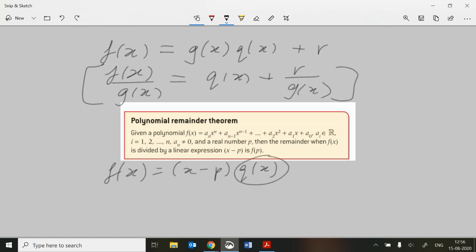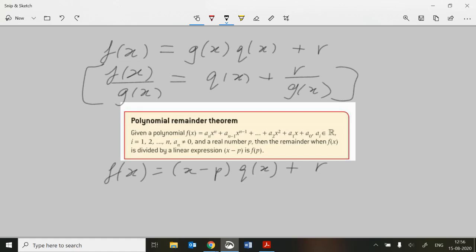Because, say for example, this is a quartic, then this must be a cubic in order to get a quartic out by multiplying by the x. And then we've got plus the remainder on the end here. And the remainder is not a function of x. I'm not going to write r of x here because I know that the remainder is always of degree 1 less than the divisor. And that's what we learned from the last exercise as well.